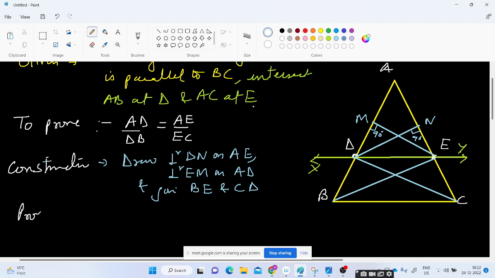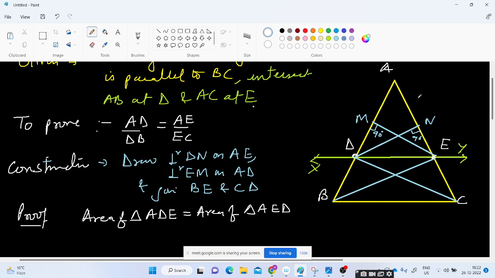You start with the proof. Which triangle do we consider? You will say area of triangle ADE is equal to area of triangle AED. We are taking the same triangle but in different orders.